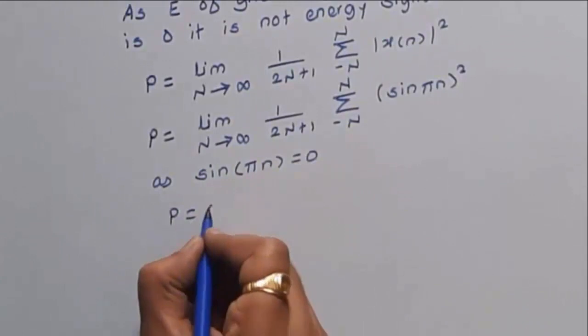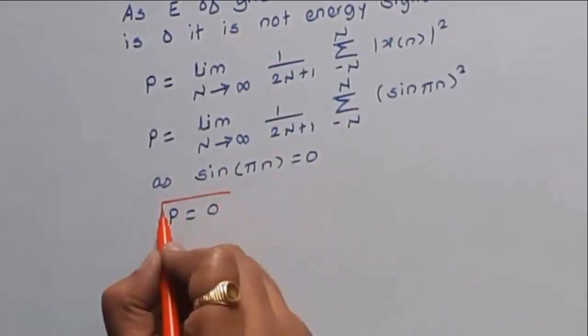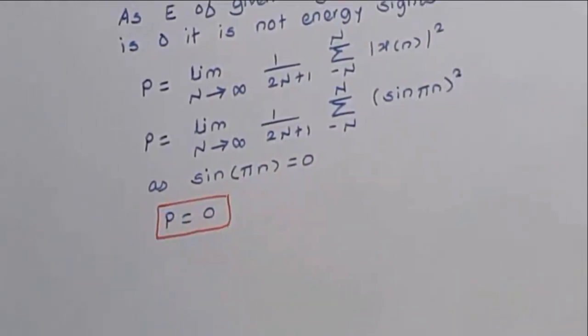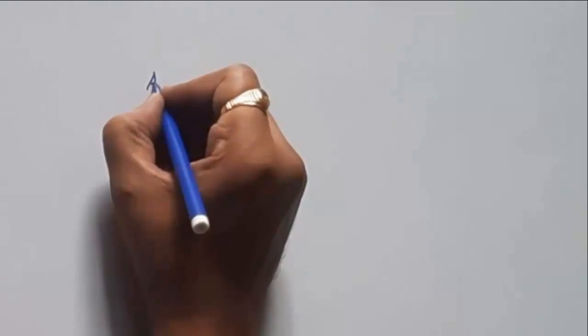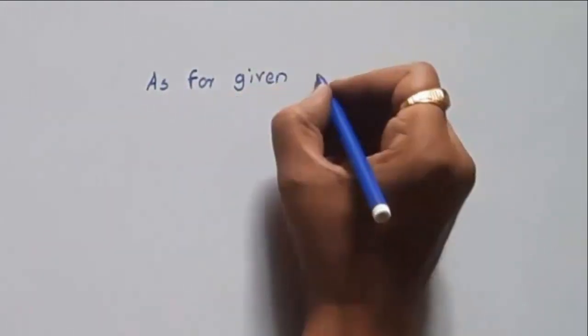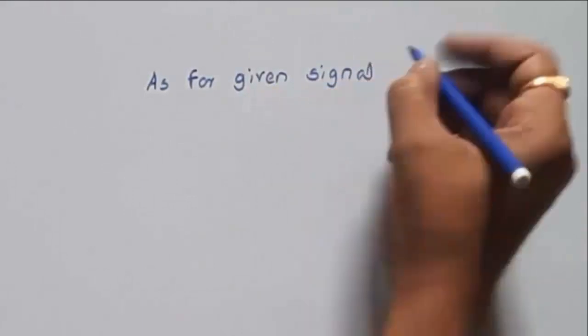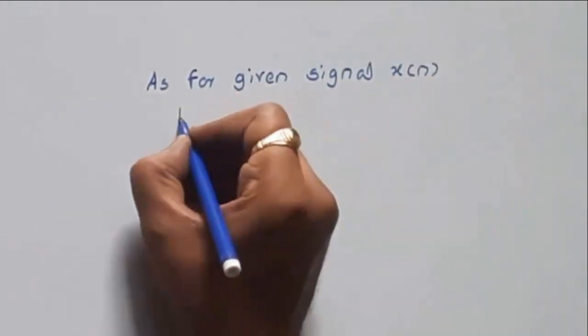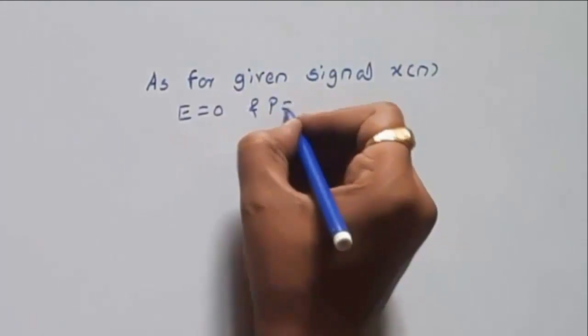So if you put this value in the above equation, the power becomes 0. Therefore, as energy of the given signal is 0 and power of the given signal is 0, the given signal is neither an energy signal nor a power signal.